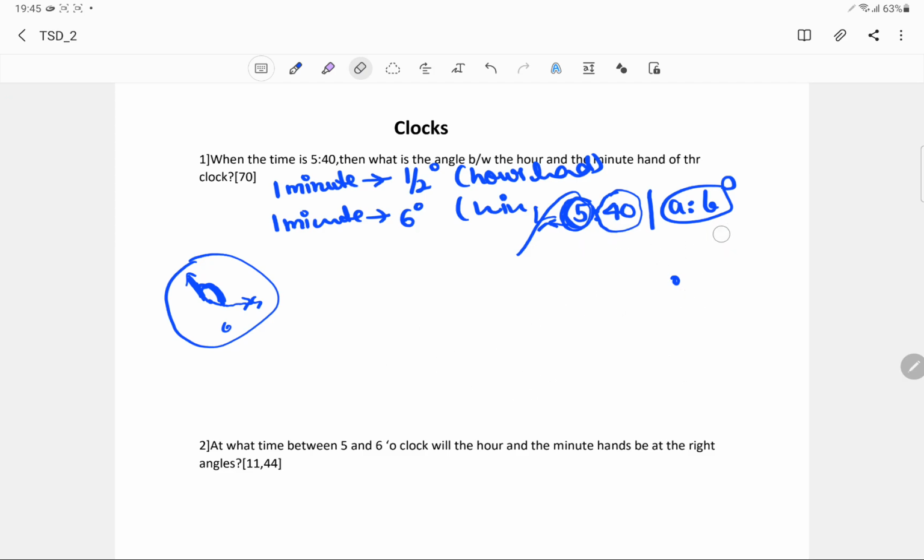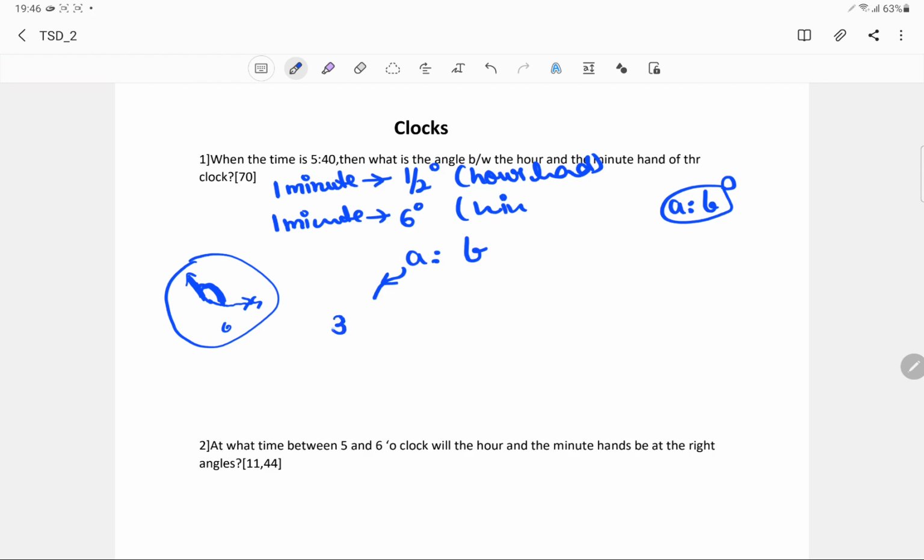Now let's try to generalize it. For instance, if you are given the time, say A:B, with reference to the hour hand you will take this into consideration, and if it is given 1, then obviously you will do 30 degrees, because in 1 hour it is covering 30 degrees.